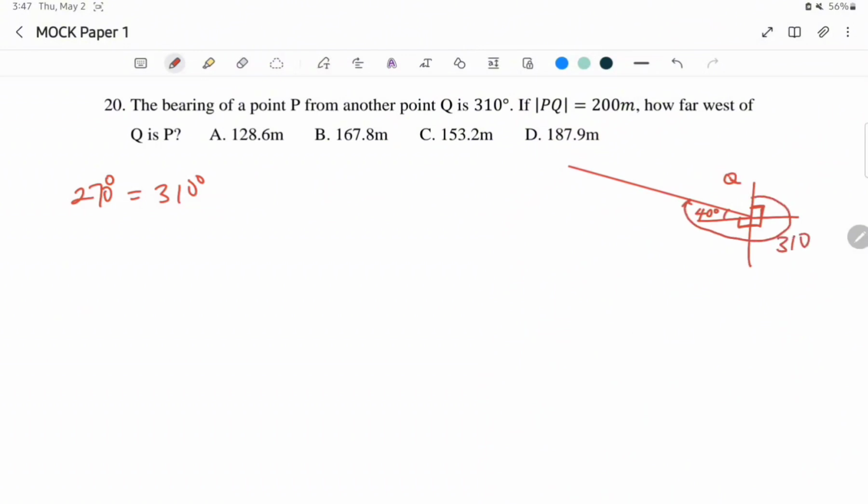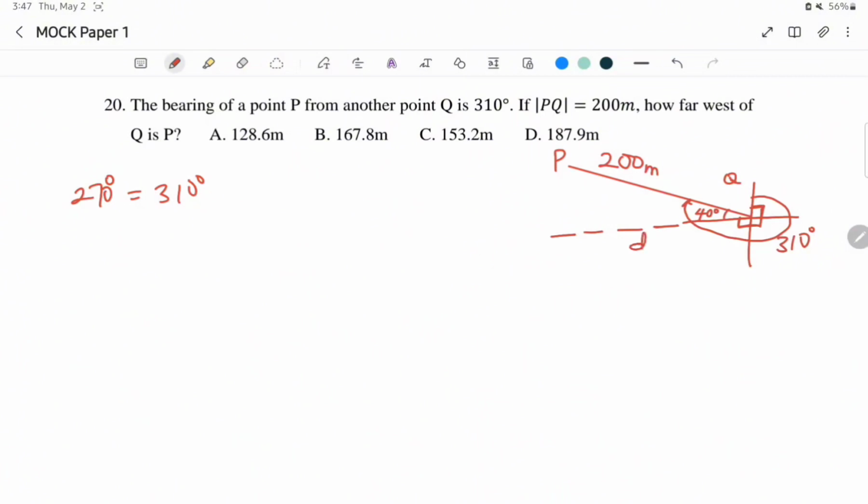This is 310 degrees. Now, if PQ is 200 meters, so this is point P. If PQ is 200 meters, how far west of Q? This is Q, so this is the west of Q. How far west of Q is P? That means this is the distance we are looking for.